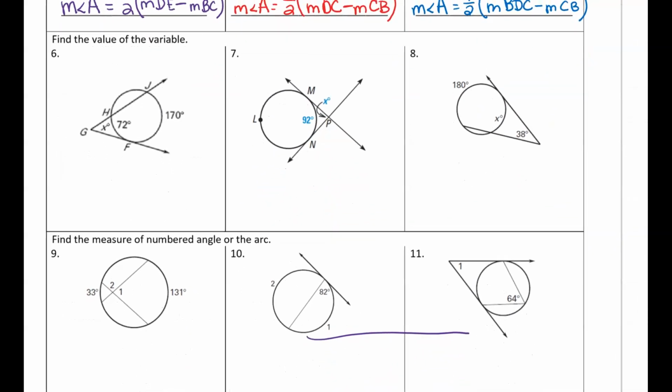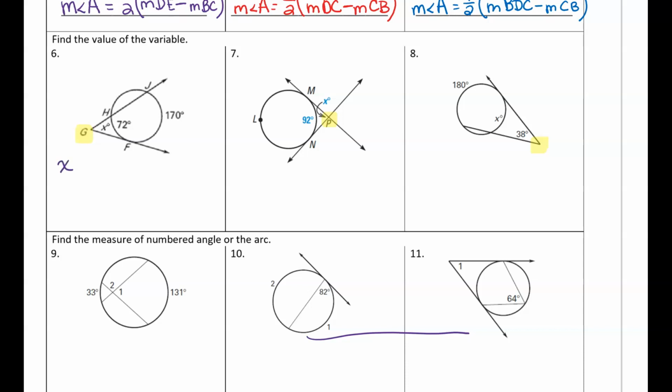Now I need you to notice again what is going on with problems 6, 7, and 8. All right, G is outside, P is outside, this angle is outside. So 6, 7, and 8 will be dealing with theorem 10.13. So it says find the variable. So in number 6, X is the variable.